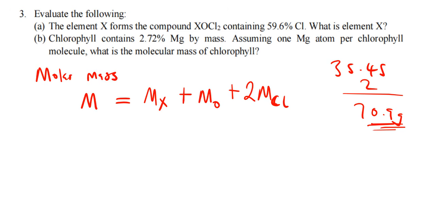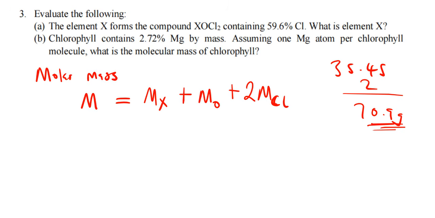Then if we're going to find the percent, this is the chlorine. The element X forms the compound containing 59.6% chlorine. So they've given us already the percentage of chlorine.